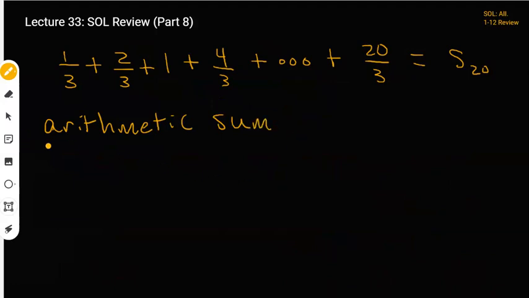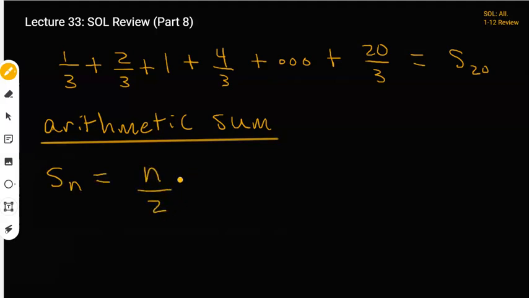So let's find the arithmetic sum. The formula for this is going to be Sn is equal to n divided by 2 times A1 plus An. And this is the formula that we're going to be using to find S20.